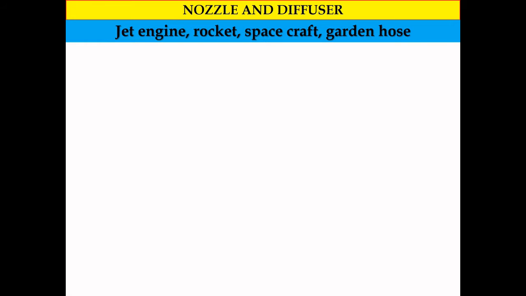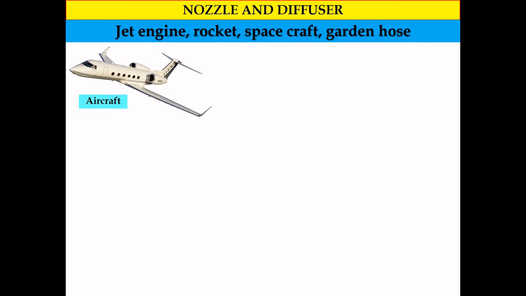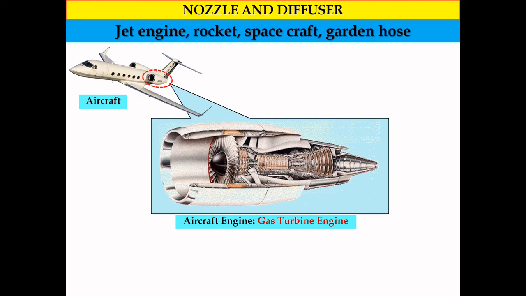Nozzle and diffuser. So the application of the nozzle and also the diffuser can be found in jet engine, rocket, spacecraft, and also the garden hose. The photo shows an aircraft. So at the back of the aircraft, you can see the aircraft engine, actually the engine is a gas turbine engine.